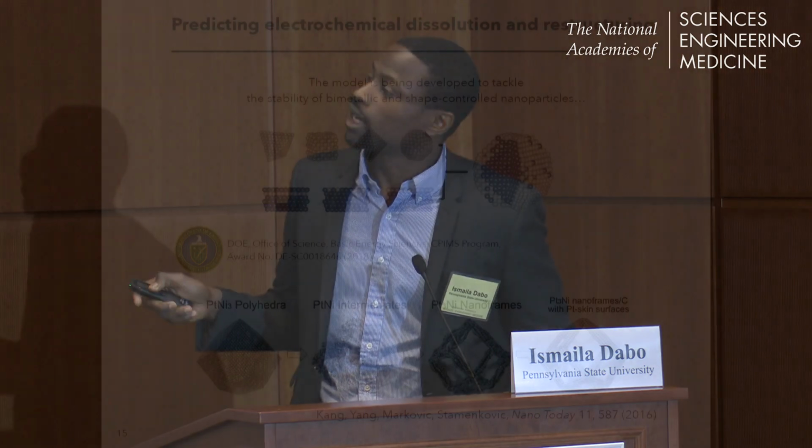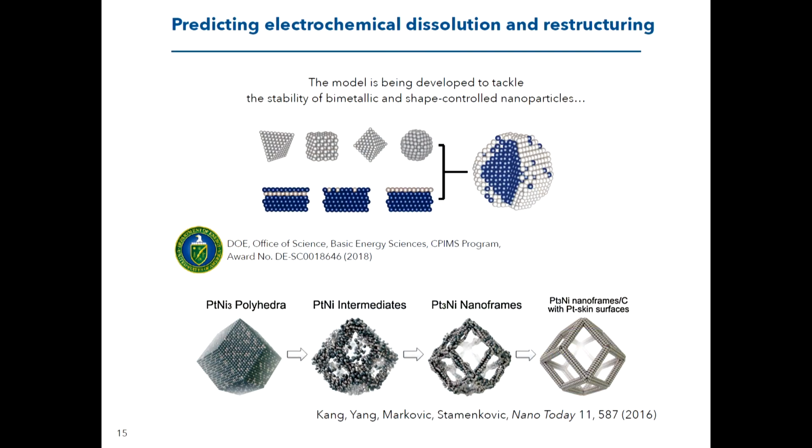And ultimately, I think it will be very interesting to understand the formation of more exotic nanoparticles that are shape-controlled, for example, those platinum and nickel nanoframes that show extremely good performance in terms of catalysis, but for which there has been limited studies at the first principle level in terms of their catalytic durability.